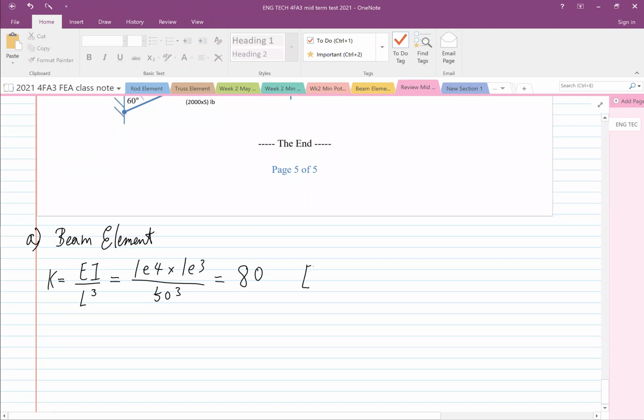Okay, so the K for the beam, lots of plug and play. I think the first term is 12, and then the second term is, I forgot what it is.